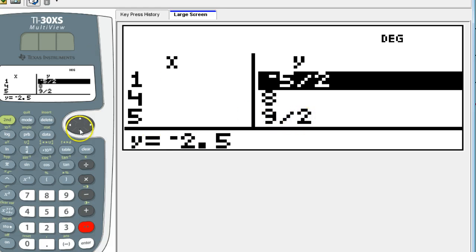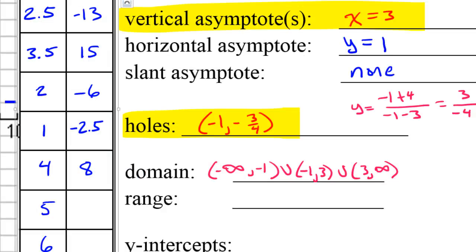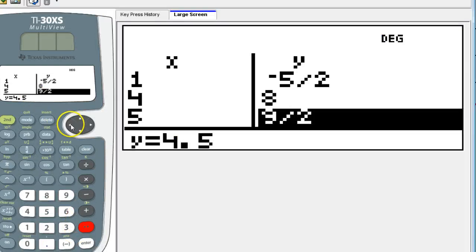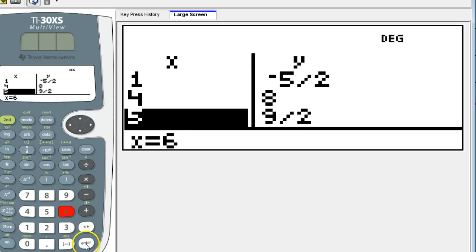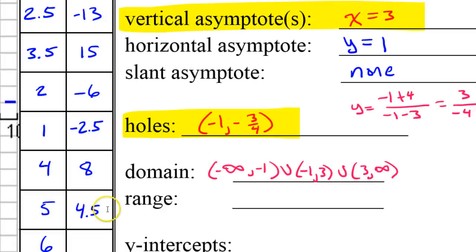Nine over 2 is 4.5. And then 6. That's 10 over 3, 3.3.